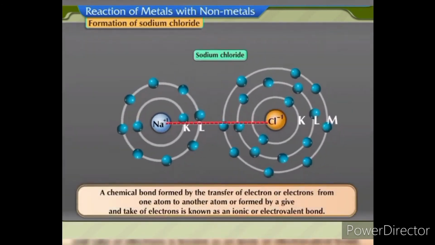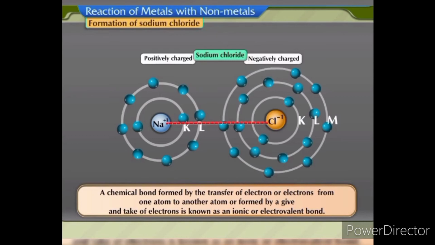A chemical bond formed by the transfer of electron or electrons from one atom to another atom, or formed by a give and take of electrons, is known as an ionic or electrovalent bond. The atom that loses electrons becomes positively charged, and the atom which gains electrons becomes negatively charged.